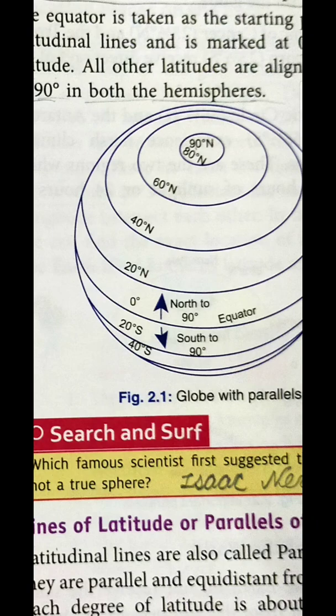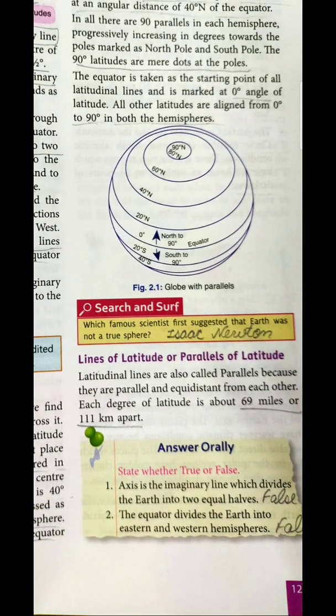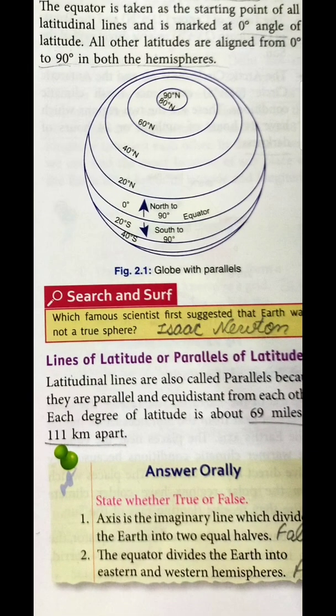I'm just giving you an example: latitudes join all such places situated at an angular distance of 40 degree N of the equator. Before we go further to the parallels of latitude, here is one quiz question.